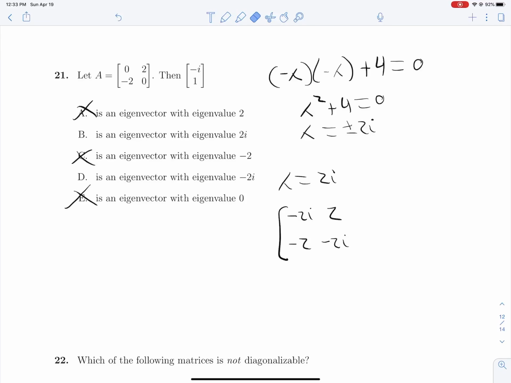Let's divide everything by 2 and multiply both of these rows by -1. That's a little bit of a nicer situation here.